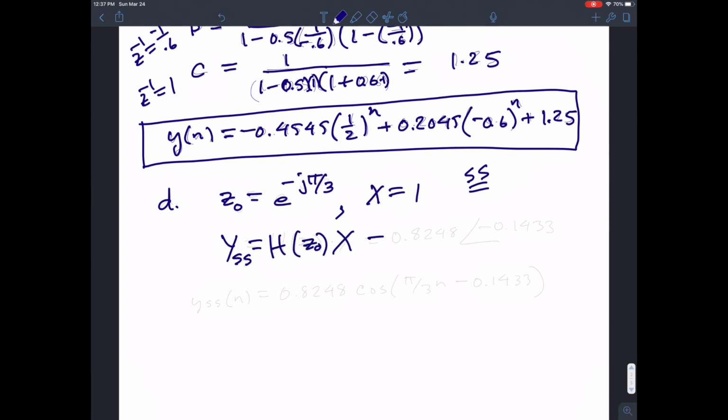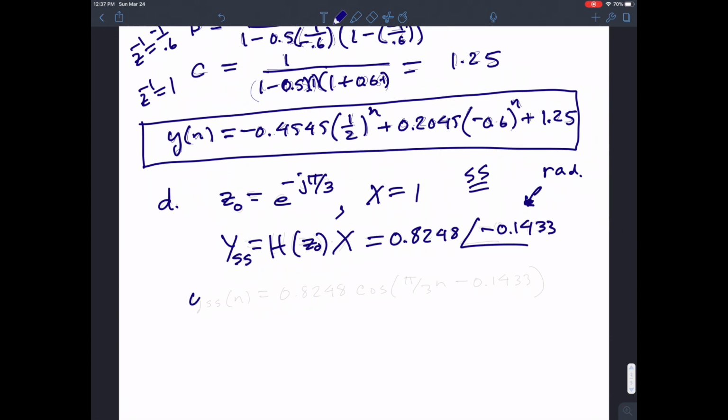You can plug this into your calculator, and if you put it in polar form, you get 0.8248 at angle minus 0.1433. Okay, so this would be in radians. Your calculator needs to be in radian mode for this to work. You don't need to convert that back to degrees either.